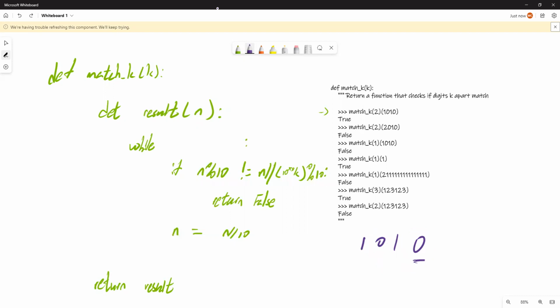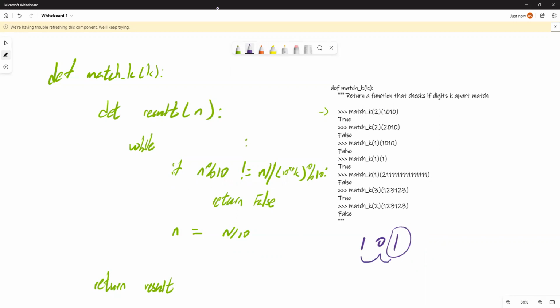Let's divide n by 10, so it turns out 101. Then use the if statement to check the rightmost digit and divide by 10 to the k power.